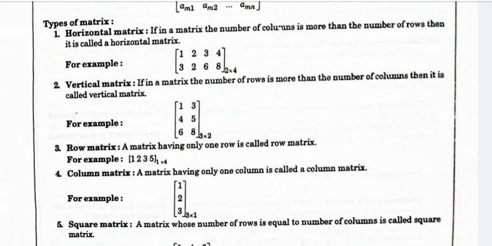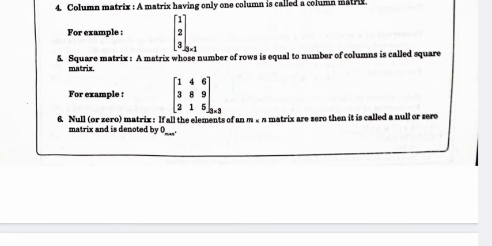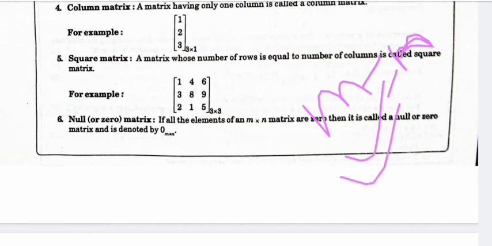A square matrix is defined as a matrix where the number of rows is equal to the number of columns, meaning the number of rows m is equal to the number of columns n, then it is called a square matrix.